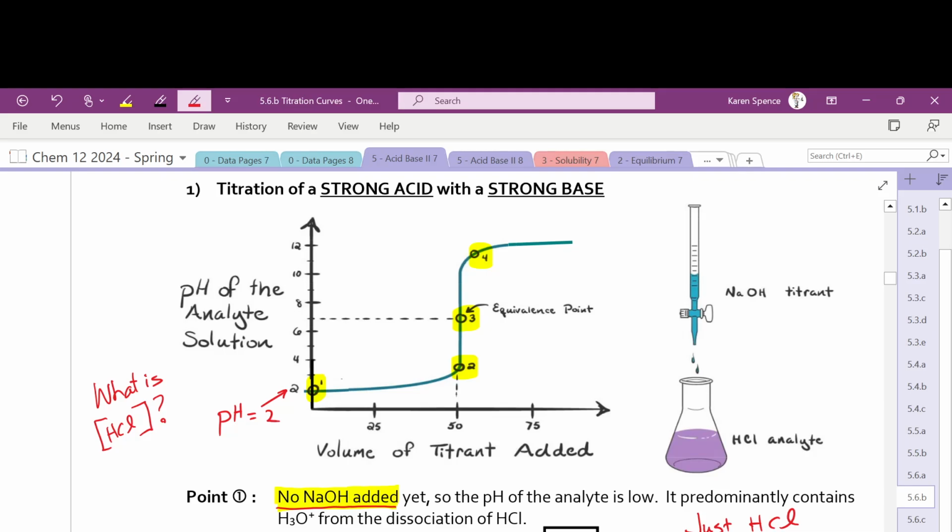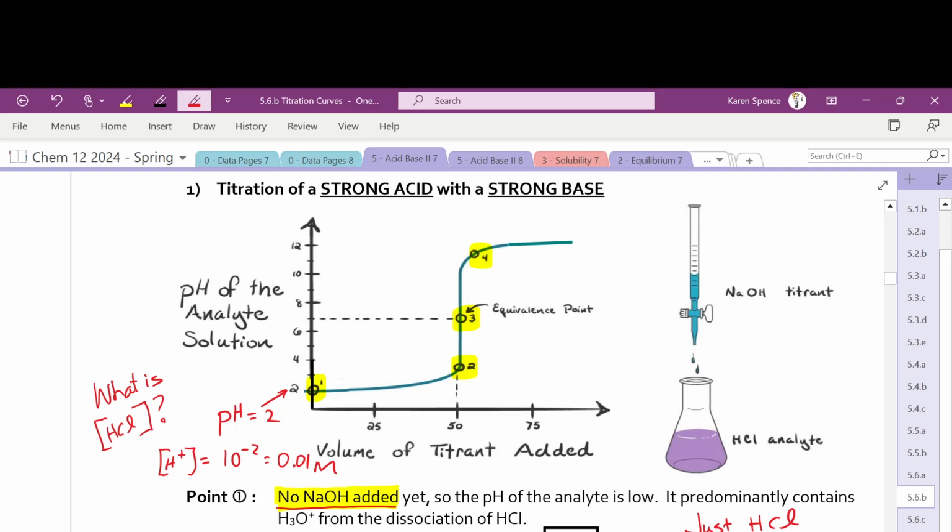Therefore, 10 to the negative 2 equals 0.01 molar. So technically, we wouldn't even need to do this. But if we didn't know that it was a strong acid, we might have to, because weak acids do their own thing. You'd have to do a RICE table and all sorts of stuff.